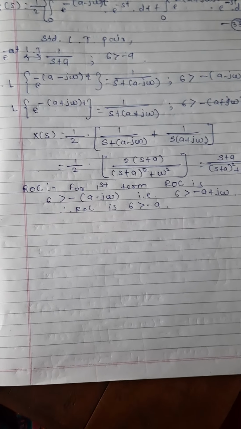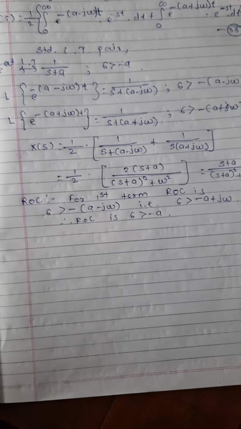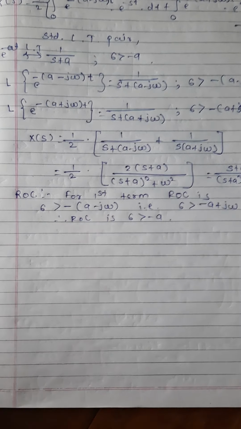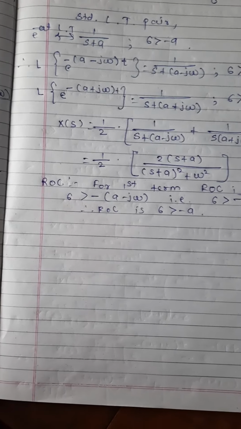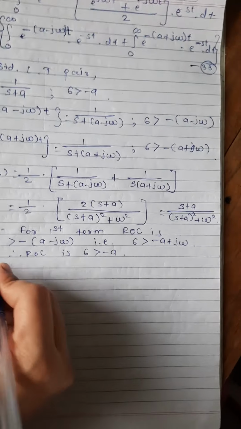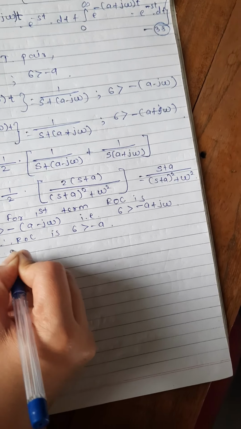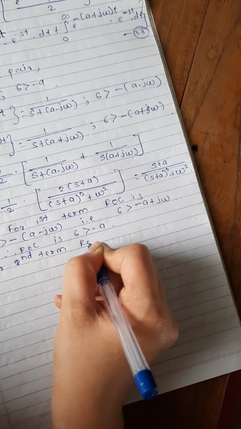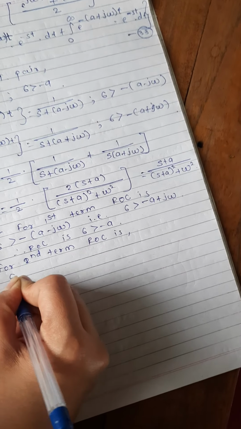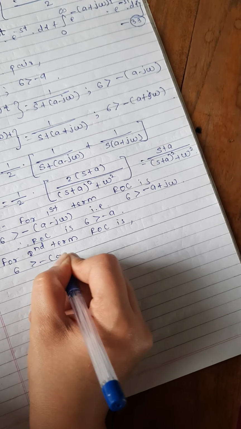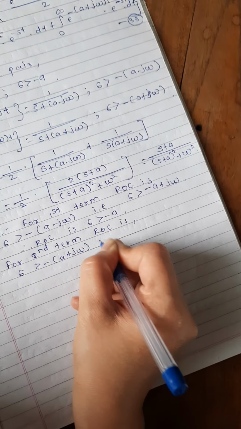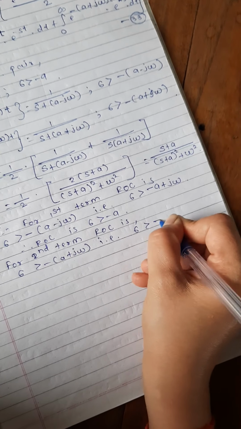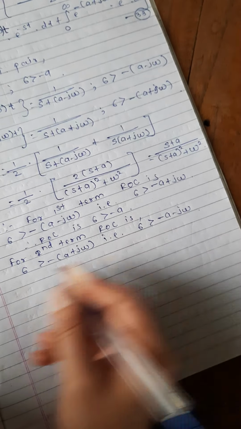Next, for the second term, the ROC is sigma greater than minus of a plus j omega, that is sigma greater than minus a minus j omega.